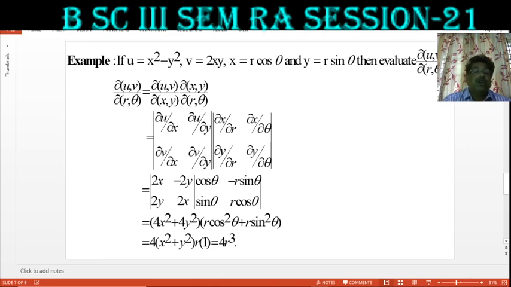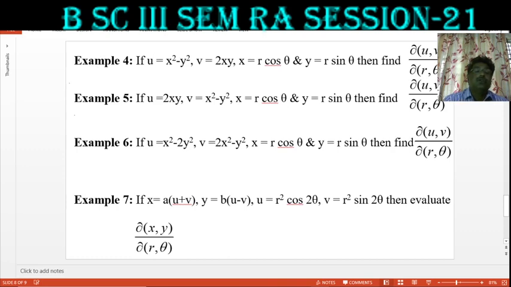We already know ∂u/∂x is 2x, ∂u/∂y is minus 2y, ∂v/∂x is 2y, ∂v/∂y is 2x, and ∂x/∂r is cos theta, ∂x/∂θ is minus r sin theta, ∂y/∂r is sin theta, and ∂y/∂θ is r cos theta. Simplify the first determinant separately and the second determinant separately: 4 times (x square plus y square). Here r is common, cos square plus sin square is 1, that is why it is 4r, but x square plus y square is r square, so 4r into r square becomes 4r cube.